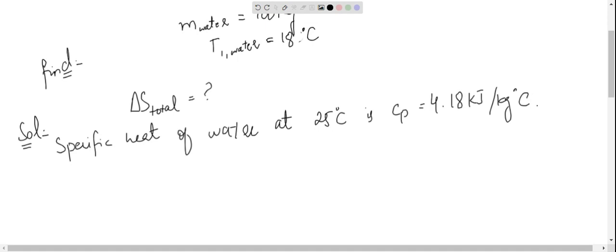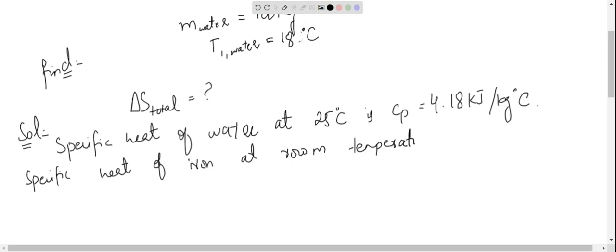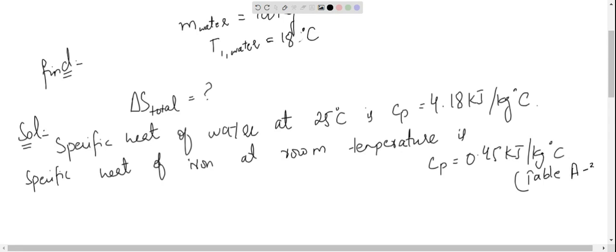And we must know the specific heat of iron at room temperature, that is Cp equals 0.45 kilojoule per kg degree centigrade, and these values we get from Table A3.